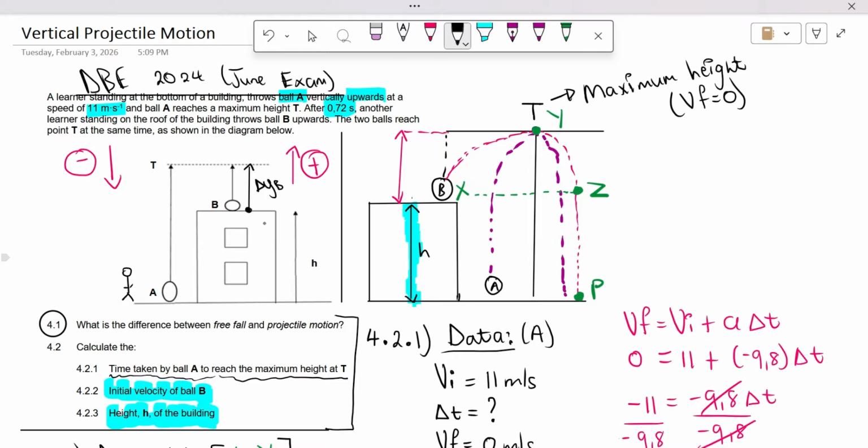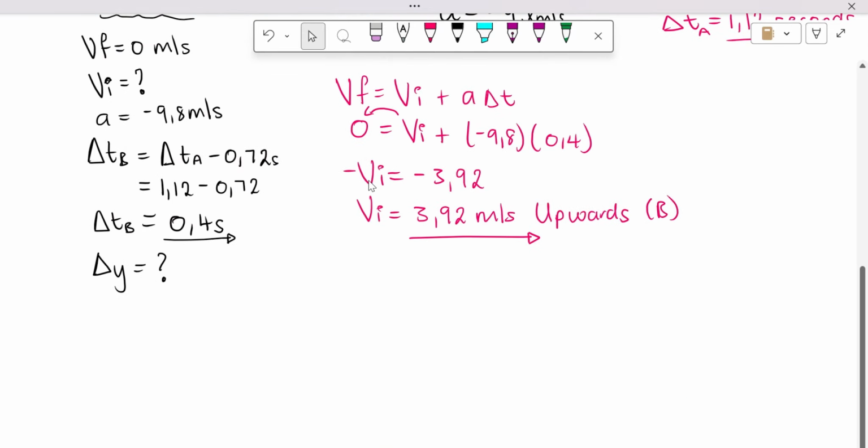And then I can say, what was the height from the ground all the way to the point T, which is the maximum height? Then from there I can say, notice something.